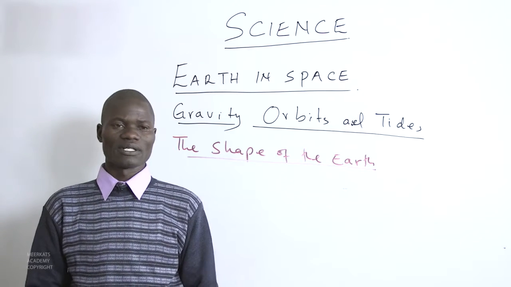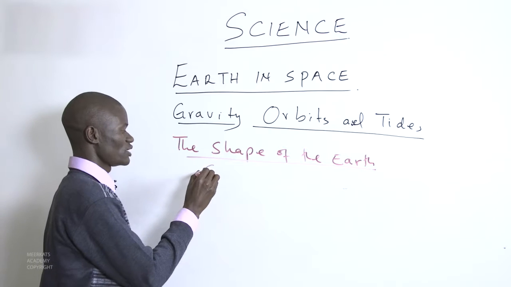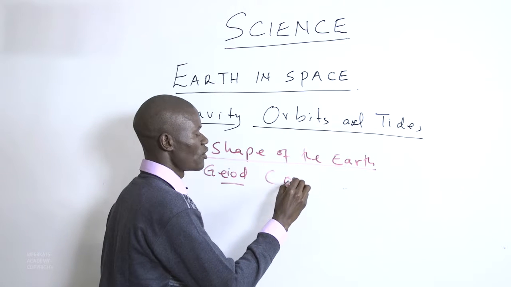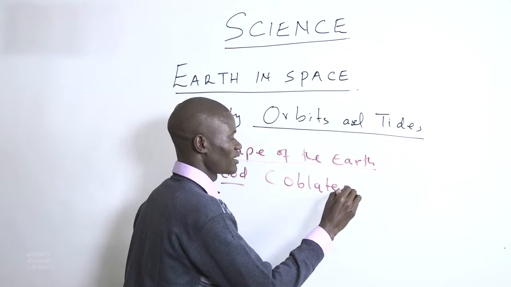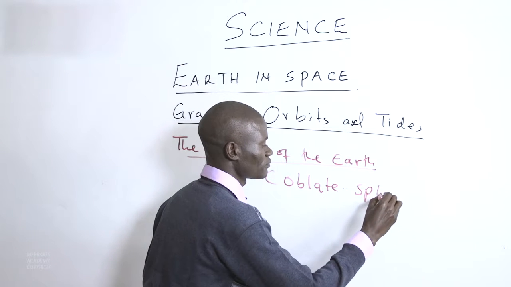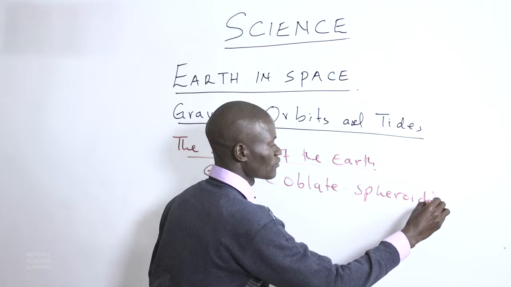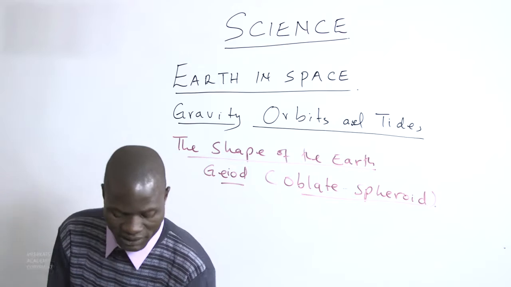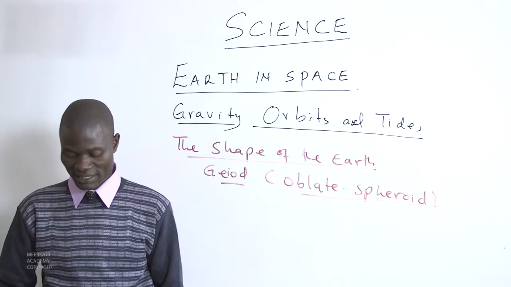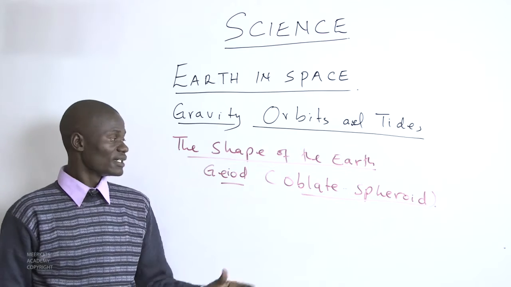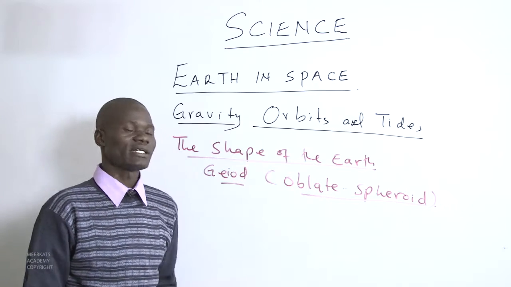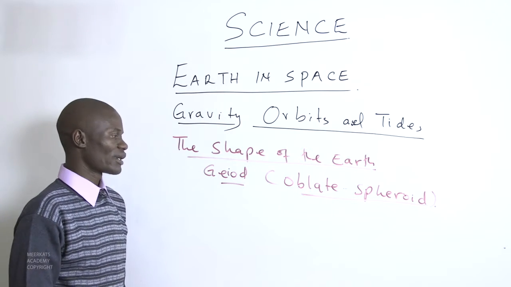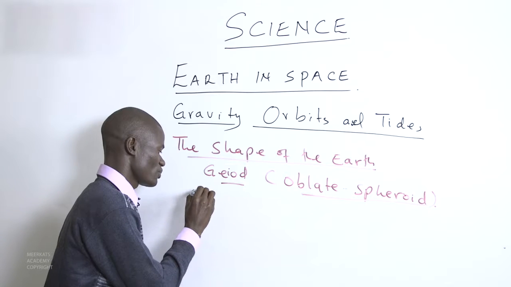And such a shape in science we call a geoid, or you can also call it an oblate spheroid. Having looked at this shape, it is actually oblate, or in a spheroidal model, or you can also call it ellipsoid.